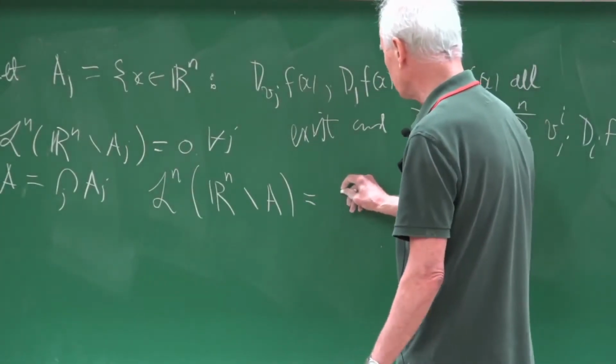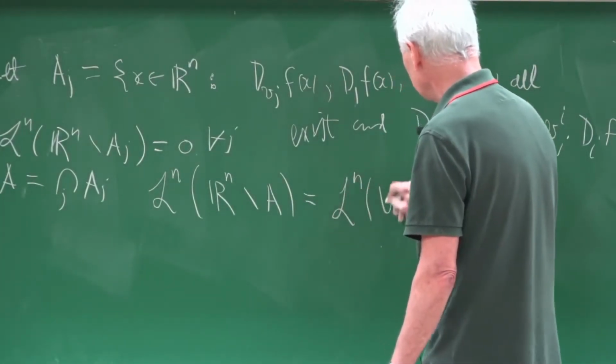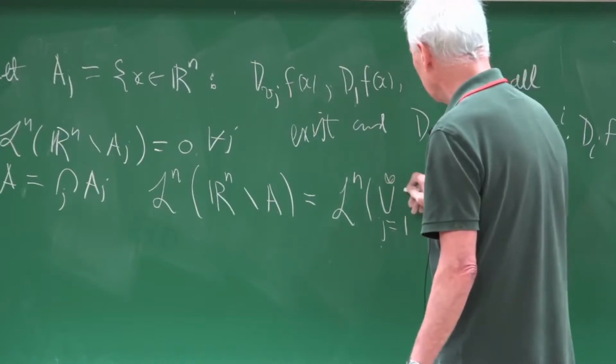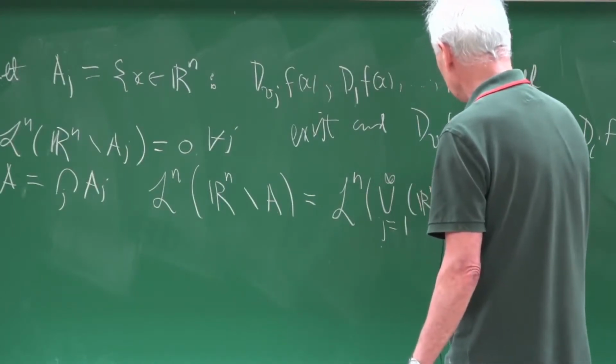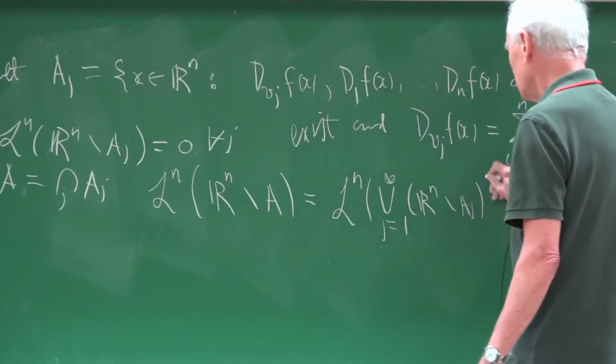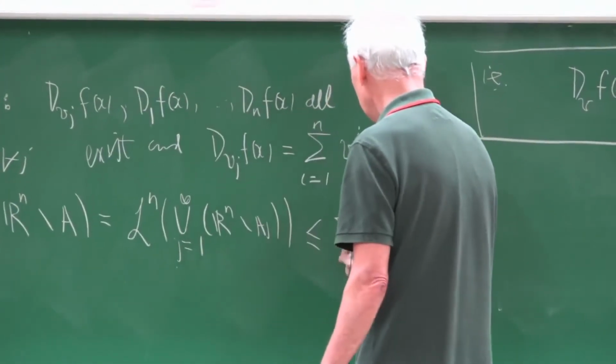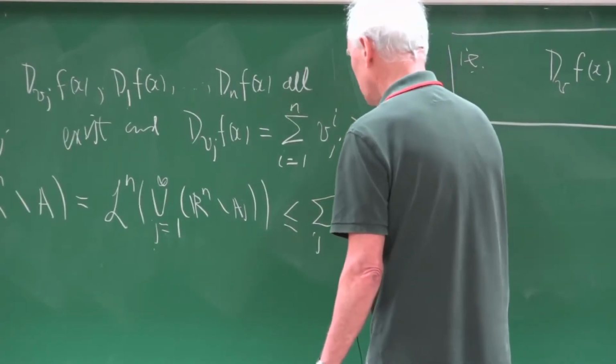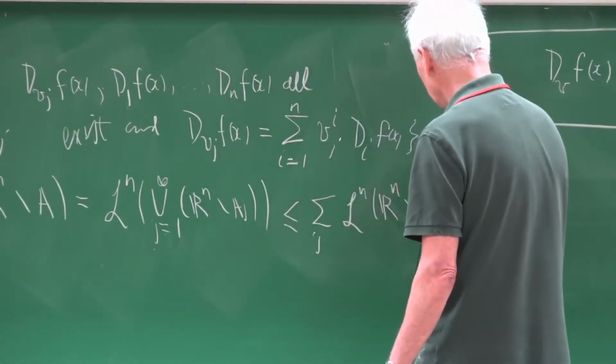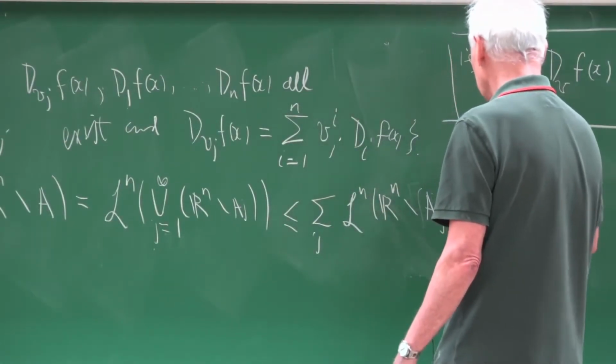By De Morgan's laws, this is the union j equals 1 to infinity of Rn minus Aj. And that's less than or equal to the sum over j of ln of Rn minus Aj, and they're all 0. So that's still equal to 0.